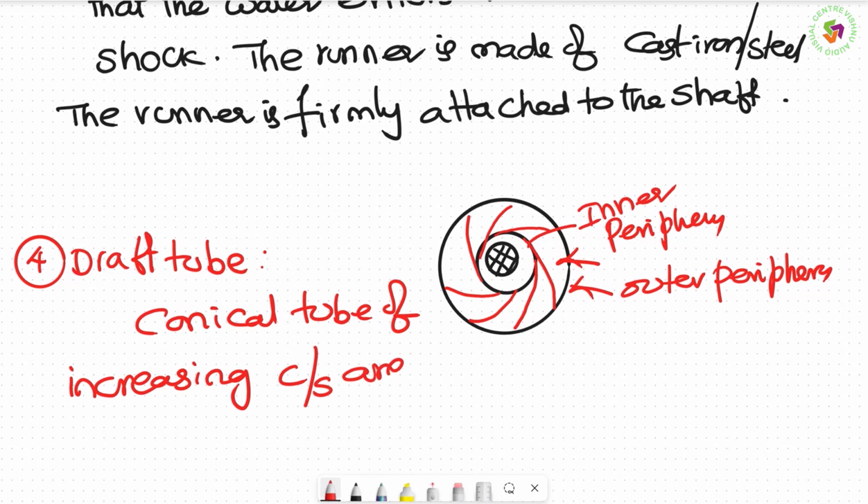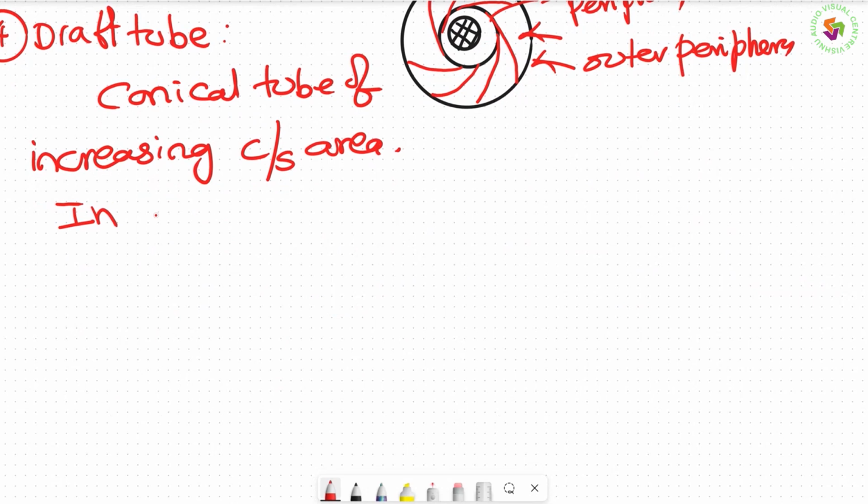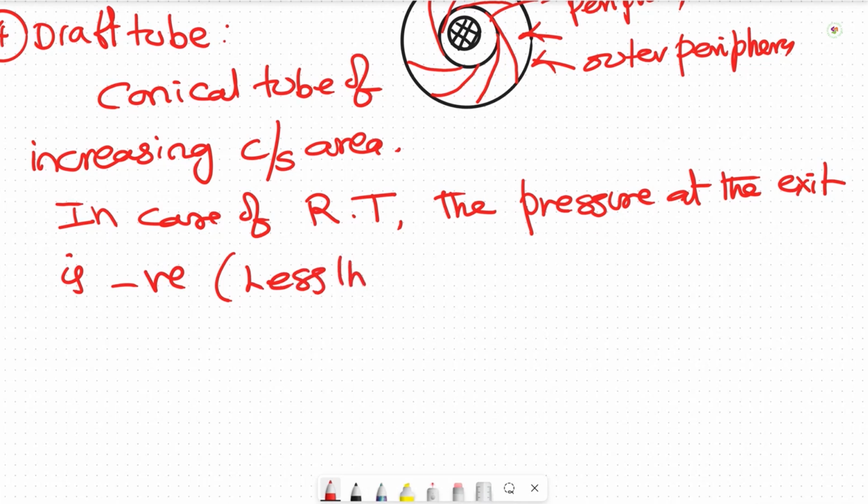In the case of reaction turbines, the pressure at the exit of the runner is negative, that is, less than atmospheric pressure.